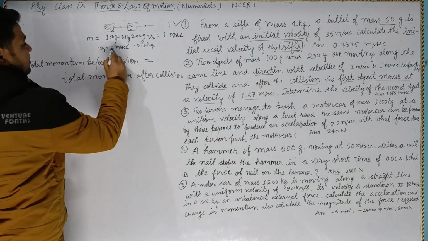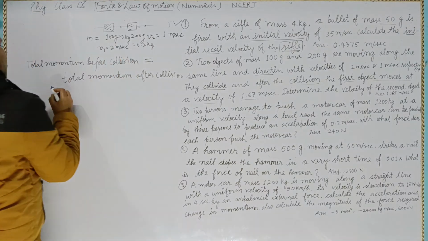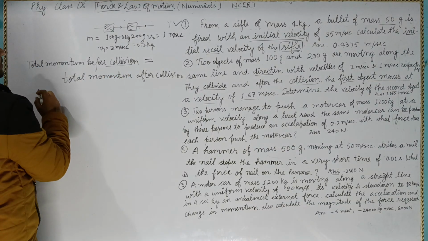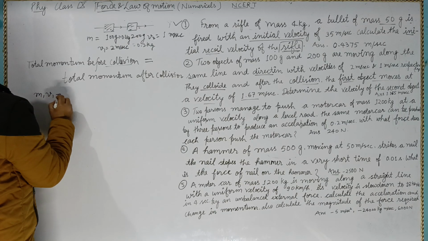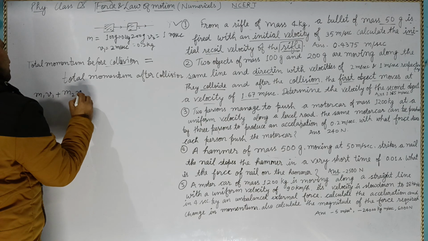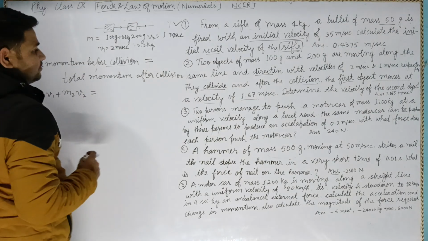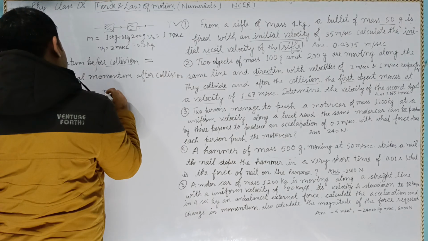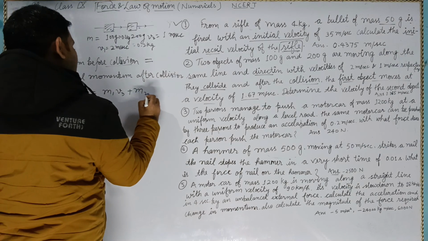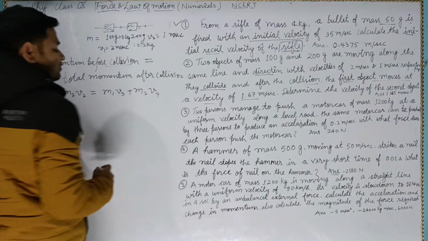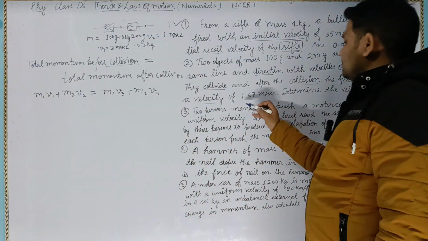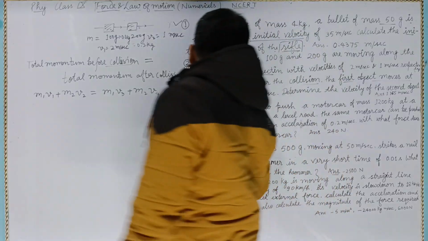Initial velocities are also given here. So the total momentum before collision, we consider it m1 v1 plus m2 v2, is equal to m1 v3 plus m2 v4, where the first object moves at a velocity of 1.67.